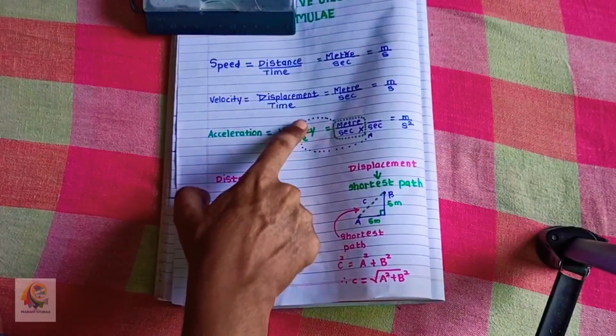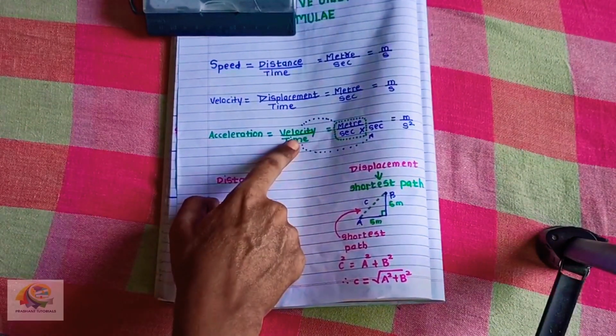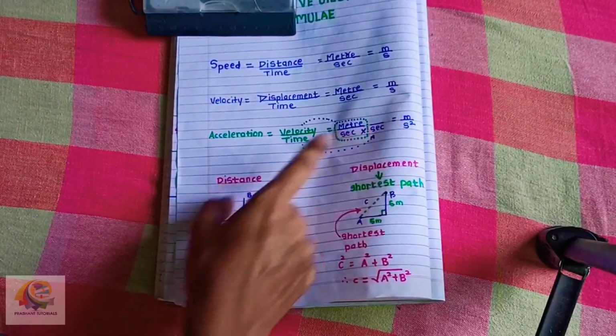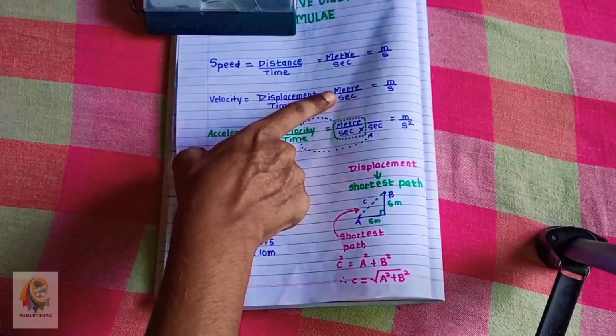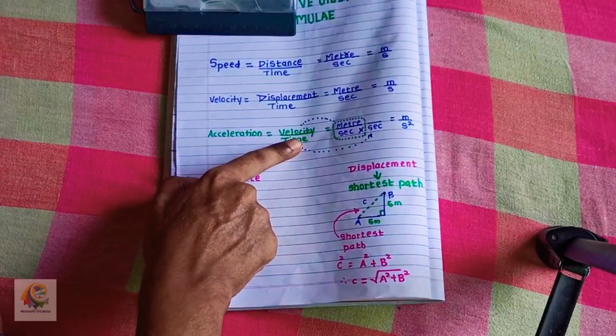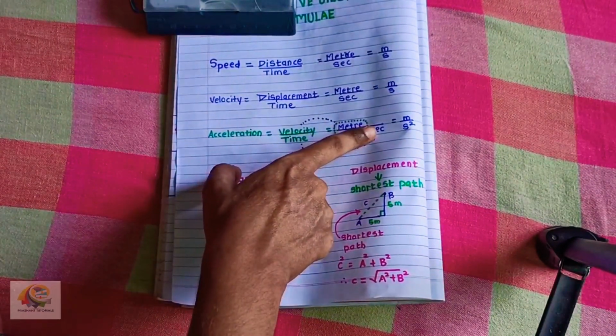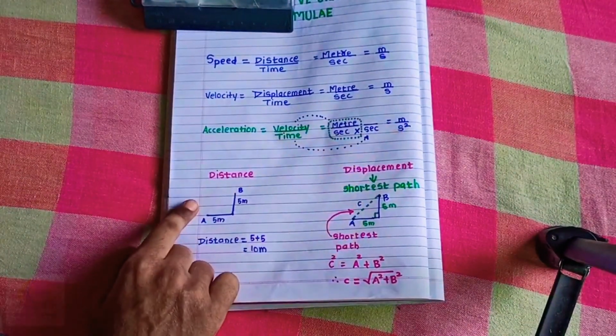So for velocity we have meter per second, this green part as you can see, and for time we have multiplied by another second. This time is remaining, so that is why we are multiplying here by second. So we have the unit meter per second square.